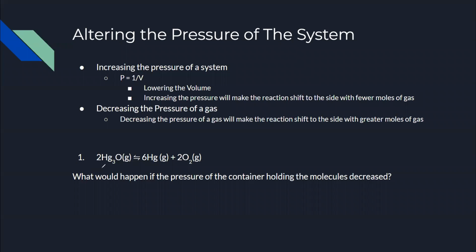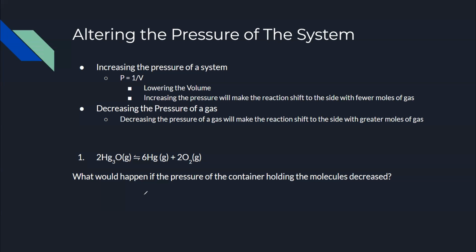So let's try this problem over here. What would happen if the pressure of the container holding the molecules decreased? If the pressure decreased, then you basically have the volume increasing, and when volume increases, it shifts to the side with the greater moles of gas.